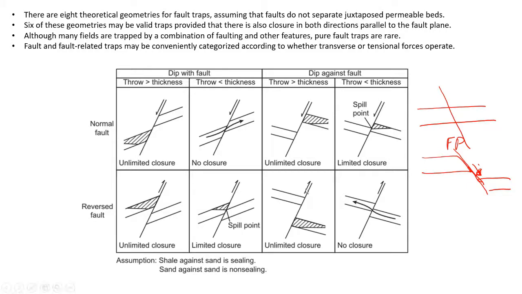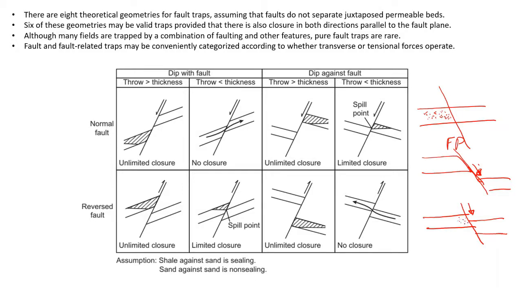So for example, I'll just show you that if this is the reservoir rock with the oil in it, there is a faulting, and the slip is not more, and this is how the slip of the rock happens. You can see that the closure is not complete.